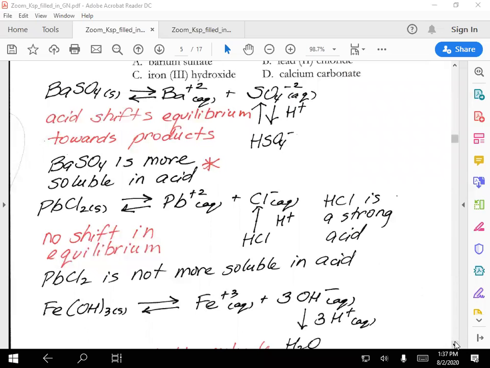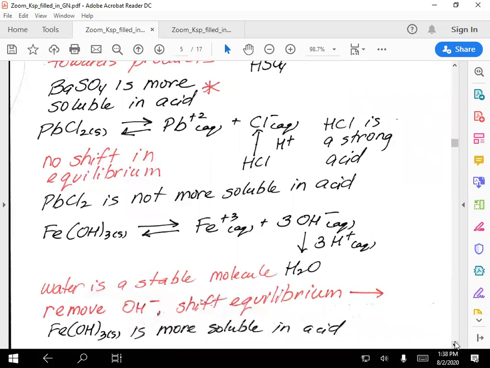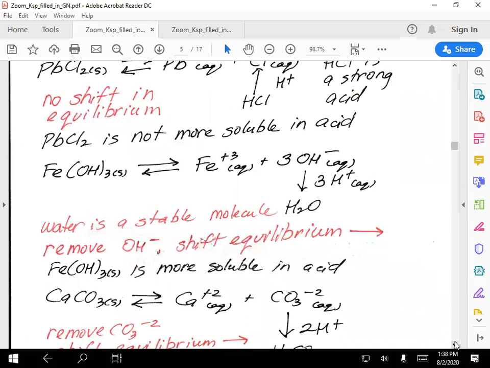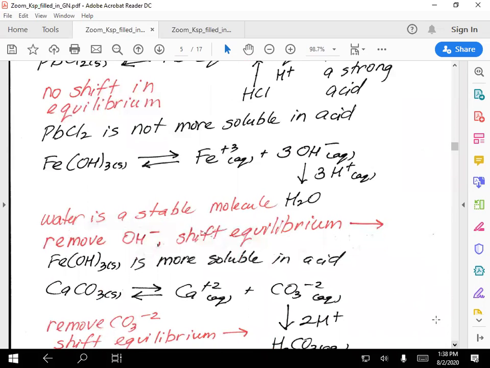The other situation that we had was that we made a stable product. So in this situation, the hydroxide would combine with the hydrogen ion to make a stable molecule. So when you make a stable molecule, you do not have equilibrium.